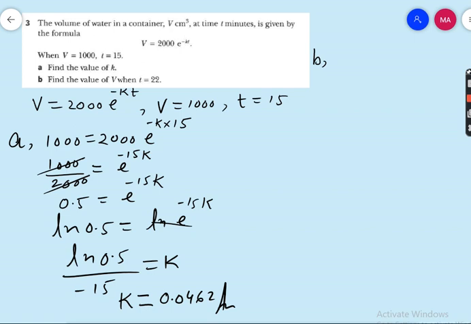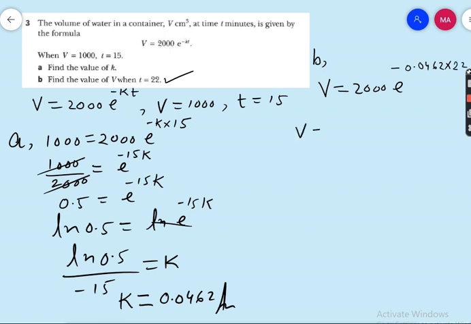Find the value of V when t is equal to 22. It's very easy. Put V is equal to 2000 e power minus k. K we have already found, 0.0462, multiplied by t, which is given in part B as 22.